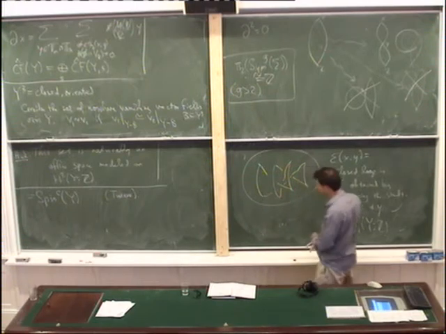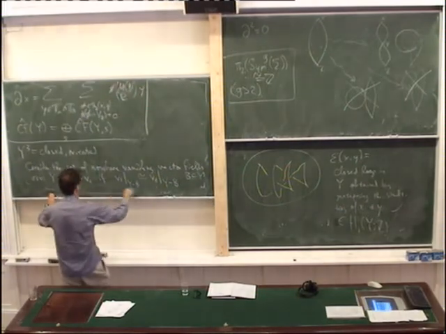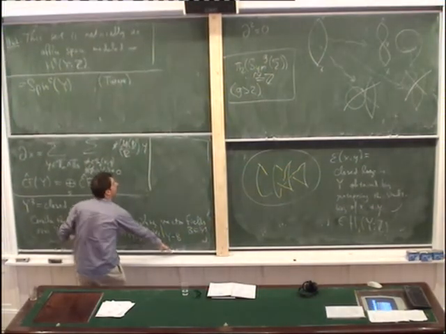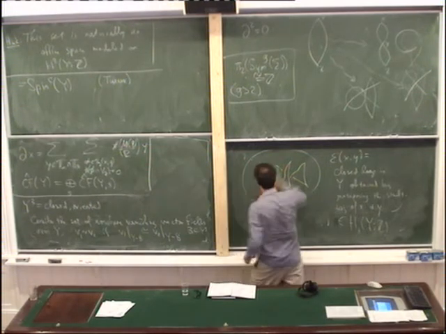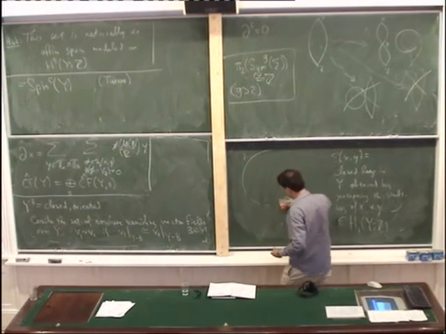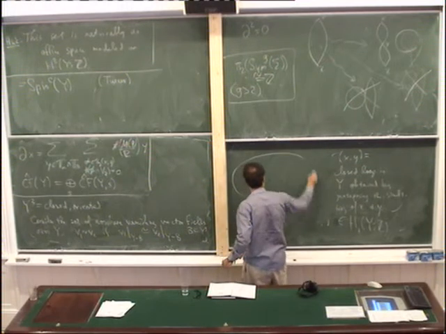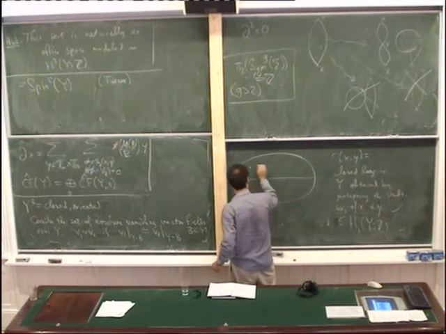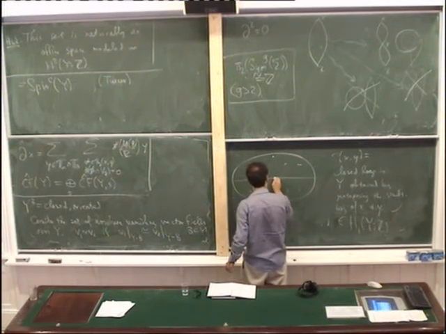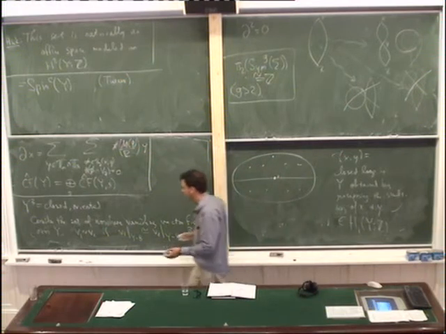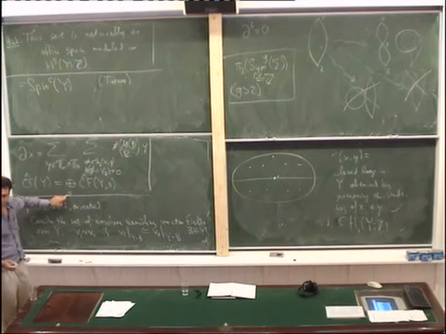Now, that's all fine and well. What I'd like to now argue is that actually this chain complex splits naturally according to spin C structures.